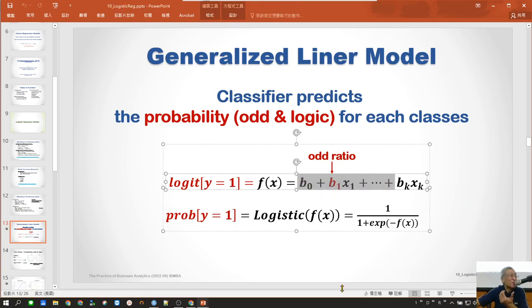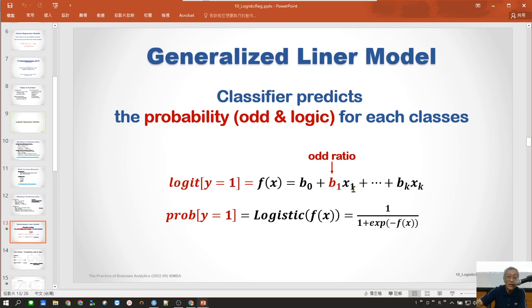because of the transformation, the coefficient is no longer the marginal effect of x to y, okay? Basically, simply put, it is the marginal effect of x1 to the logit of y equal to 1.